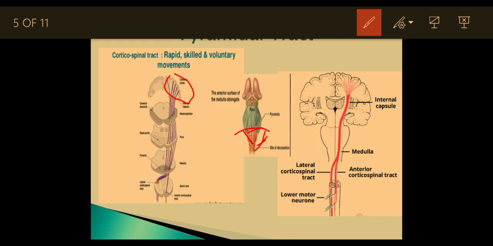After origination, the nerve fibers run downward in a diffuse manner through the white matter of the cerebral hemisphere and converge in a fan-like structure, along with the ascending fibers which project from the thalamus to the cerebral cortex.